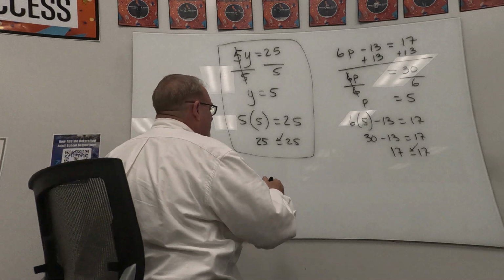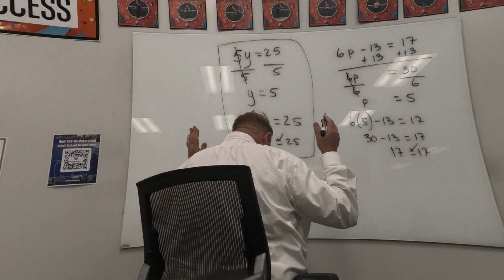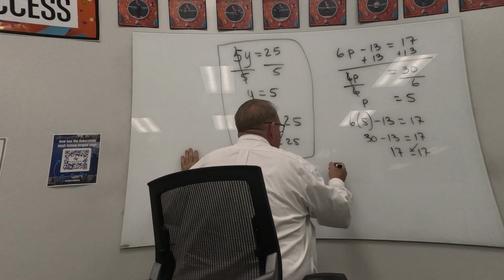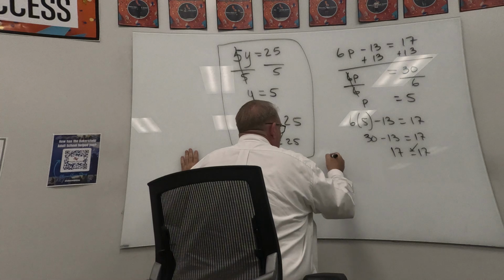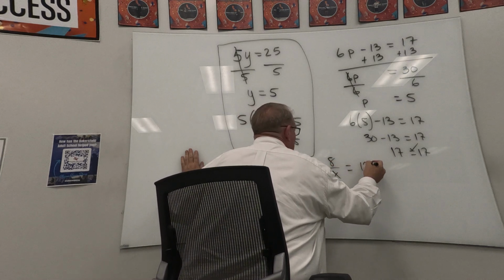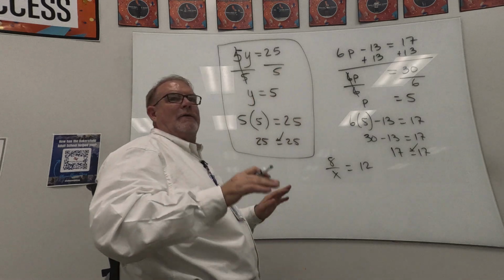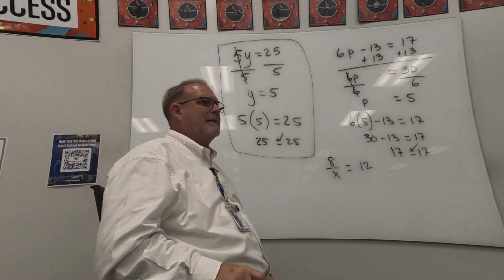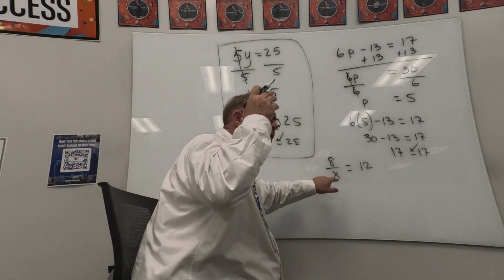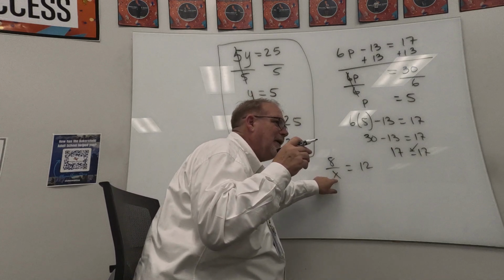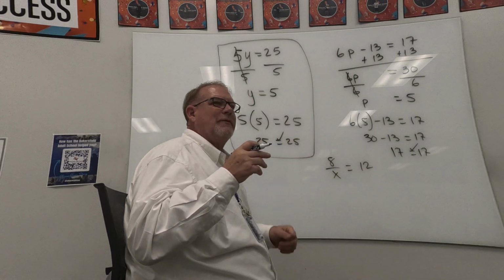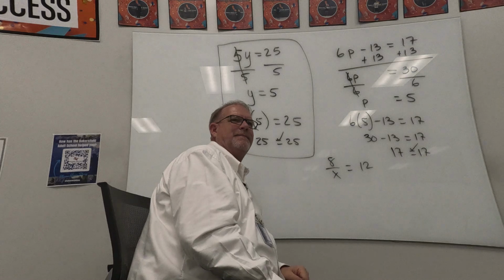But let's say we have 8 divided by x equals 12. I'm pulling numbers out. I really have no idea about this, okay? You have to tell me what x is going to equal. 8 divided by whatever number this is, it's got to equal 12. So how in the world am I going to solve that?